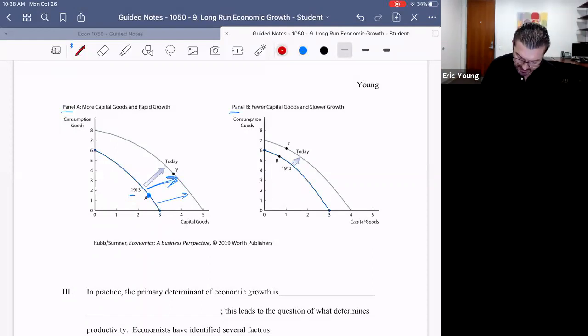So take this economy right here, in panel A. Let's say that we had point B, and point C. I'm just making these up. In 1913, those points were impossible. Yet notice that with economic growth, by pushing the PPF out and getting this new PPF today, points B and C, which were once beyond and outside the PPF and were therefore impossible, are now inside the PPF and obtainable.